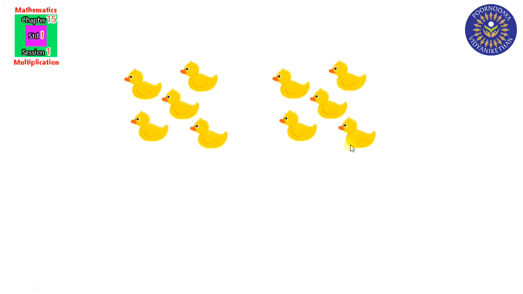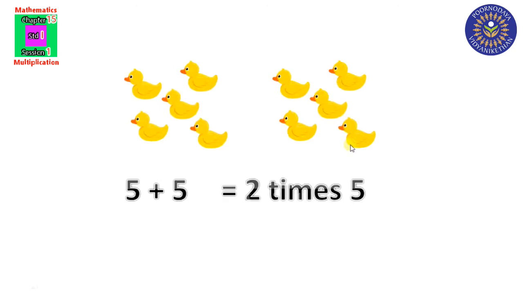Now you see here, 5 plus 5, 2 times 5, which is equal to 2 times 5. That also we can write like this. 2 into 5 is equal to 10. Count altogether how many ducks are there? 1, 2, 3, 4, 5, 6, 7, 8, 9, 10. Altogether 10 ducks. That means 2 into 5 is equal to 10.